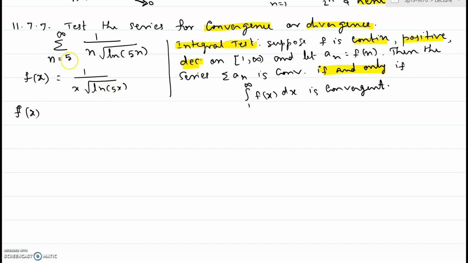As the function starts only at 5, it's actually continuous and positive on the interval 5 through infinity. So f of x is continuous and positive on the interval 5 through infinity.